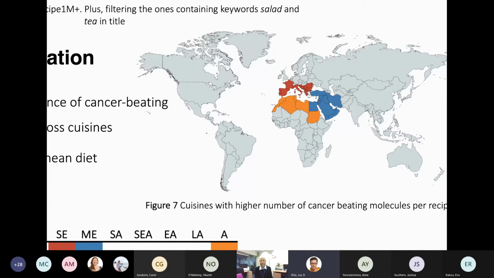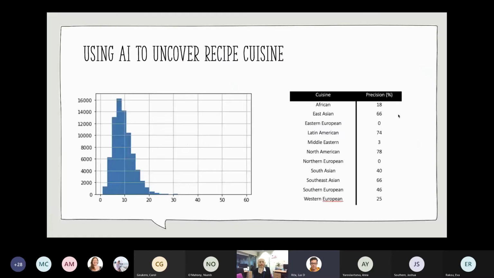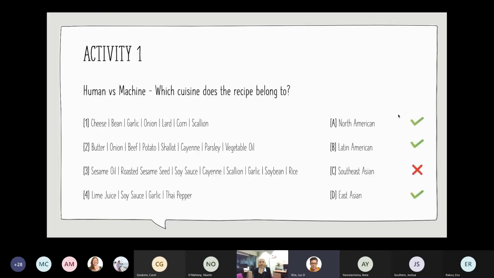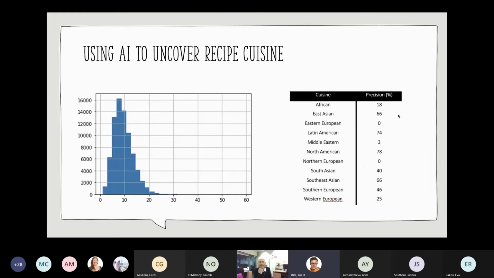And this can be a way as well to help us pick our next traveling destination. Why not?